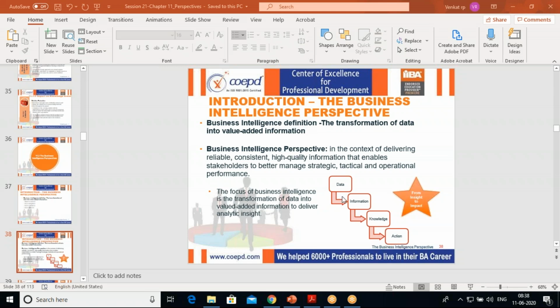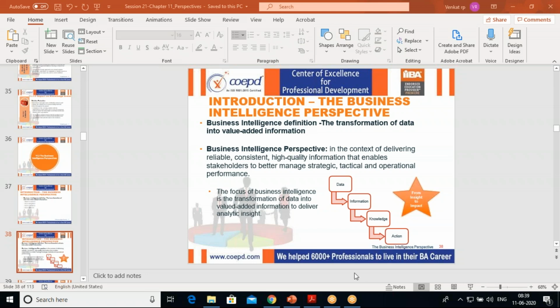We are going to understand it, from insight to impact, in the context of delivering reliable, consistent, high quality information that enables stakeholders to better manage strategic, tactical and operational performance. We will see at what level people need information to take the right decisions. Here business intelligence will definitely help them.